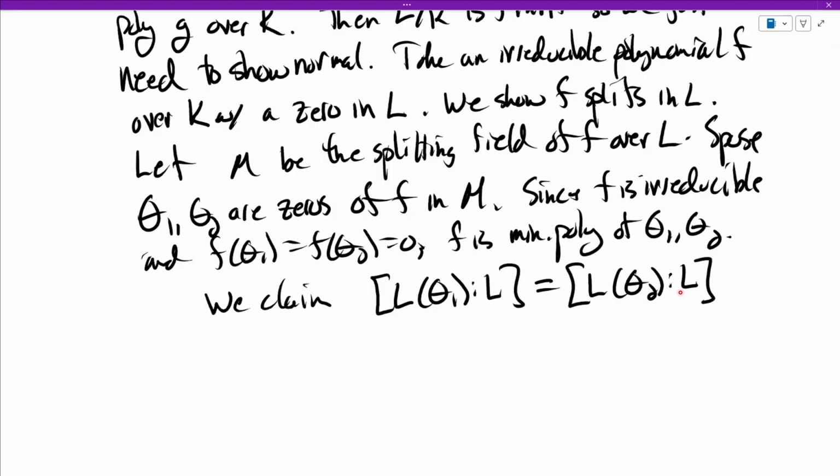And that would tell us that theta 2 actually is in L as well. So if one of them is in L, the other one is in L, but these are arbitrary, so you get all roots in L. So that's where we're going with this.